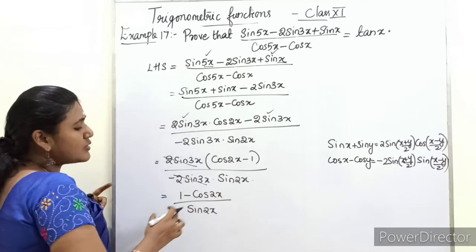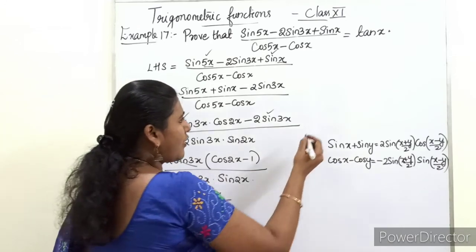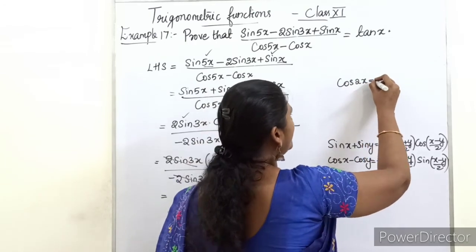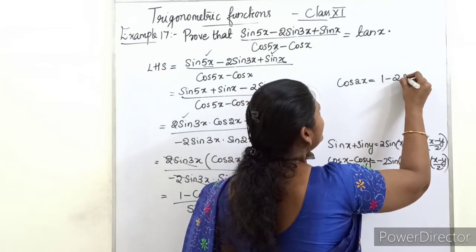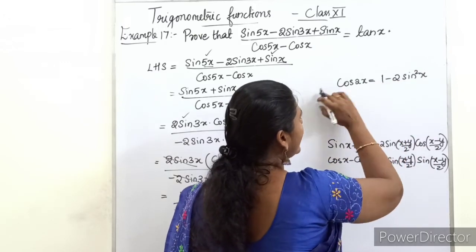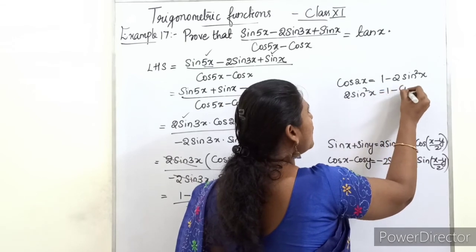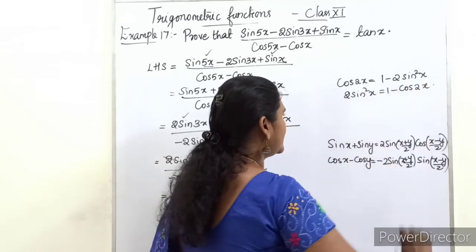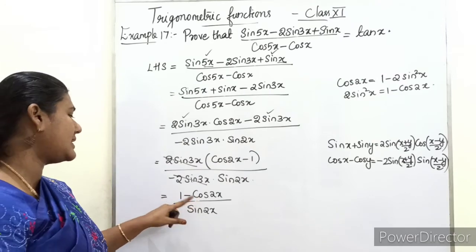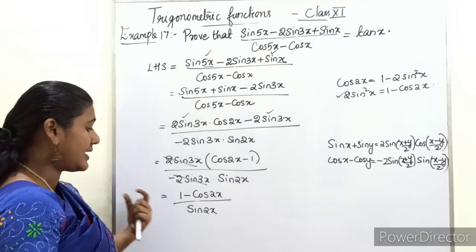Now you see here cos 2x and sin 2x, we have learned the formula. What is cos 2x? Cos 2x is equal to 1 minus 2 sin square x. From this, if you take the 2 sin square x to this side, 2 sin square x is equal to 1 minus cos 2x. So here you have 1 minus cos 2x in the numerator, and in this place we will substitute this formula, 2 sin square x.